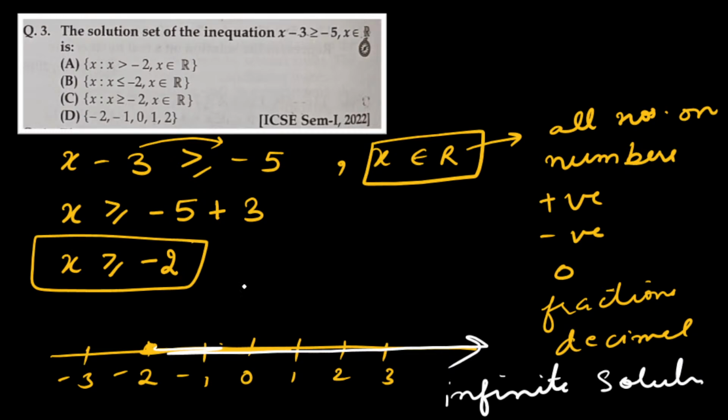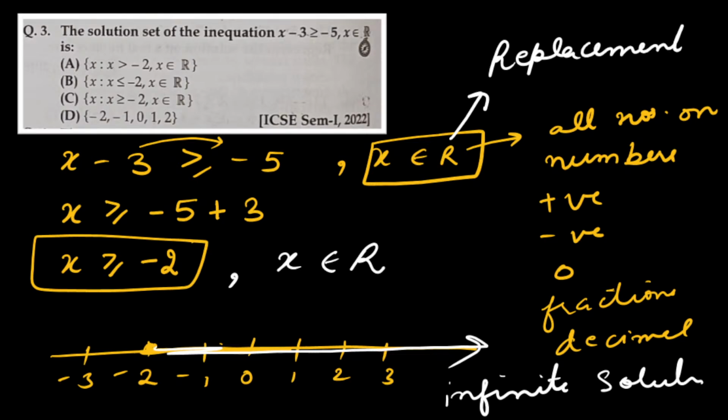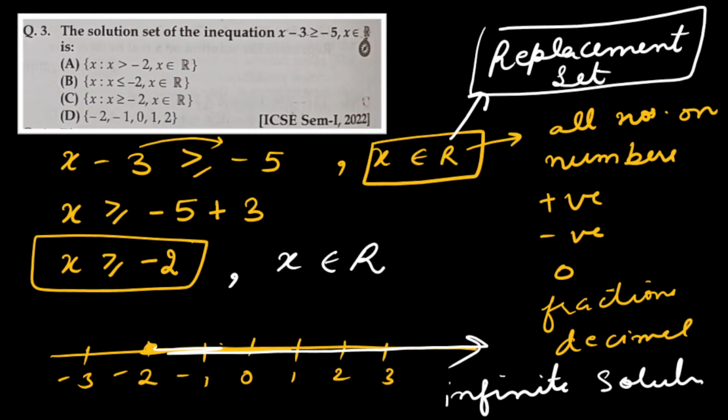So we will just write the inequation along with the replacement set. This one, the set from which our x belongs, is known as the replacement set. The set from which we have to choose our solution is known as the replacement set.